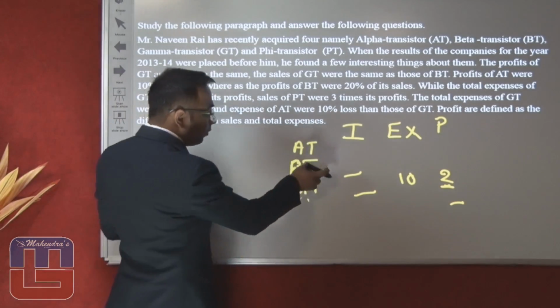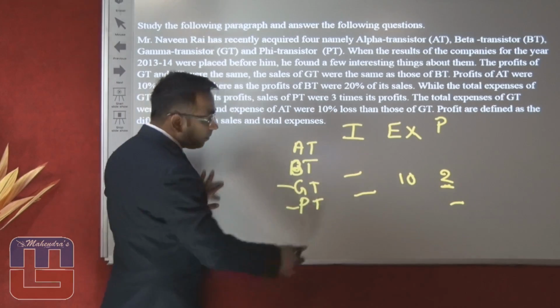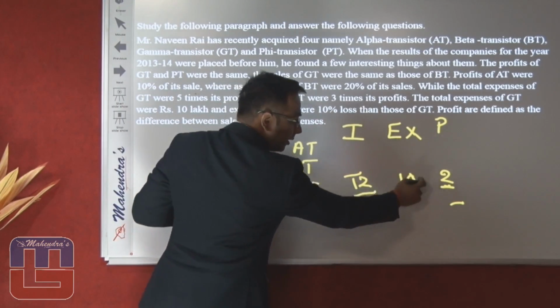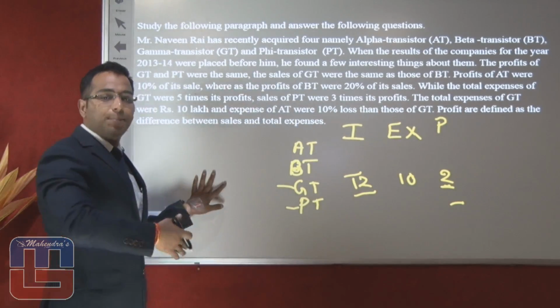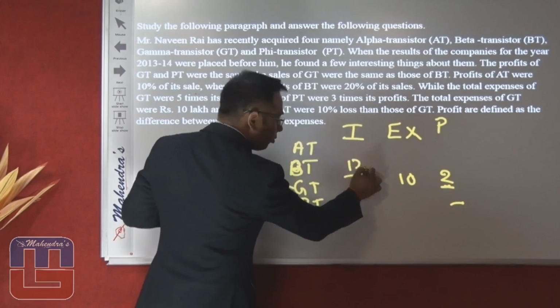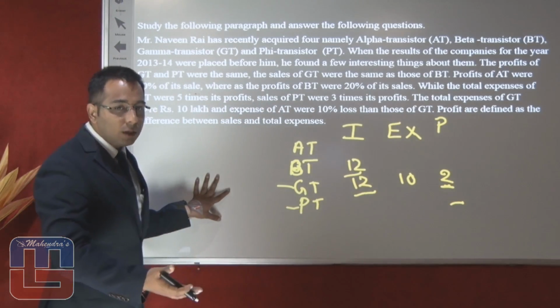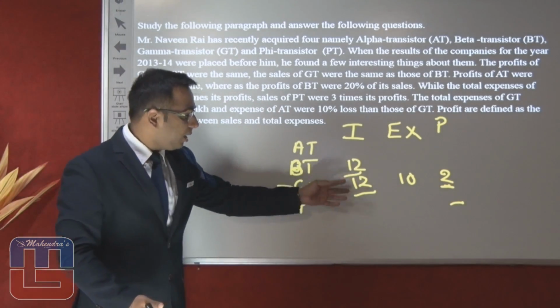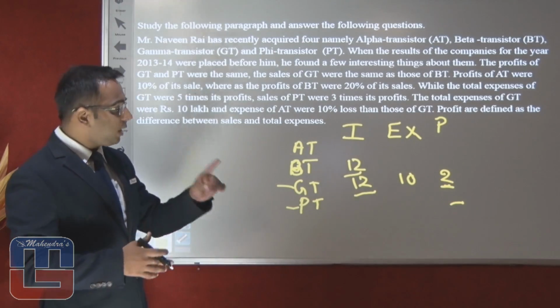The income of GT will be 12: 10 plus 2, since expenditure plus profit gives income. BT will also be 12, because the income of GT and BT were the same.